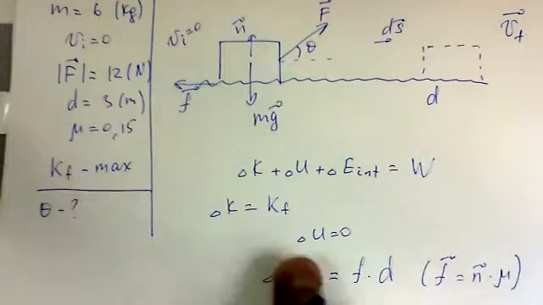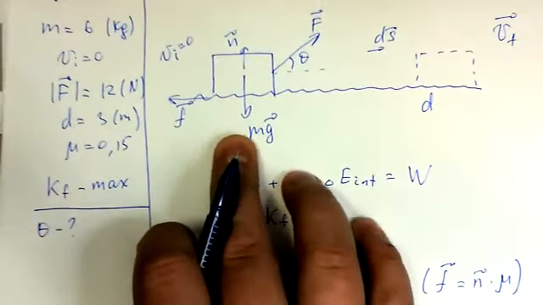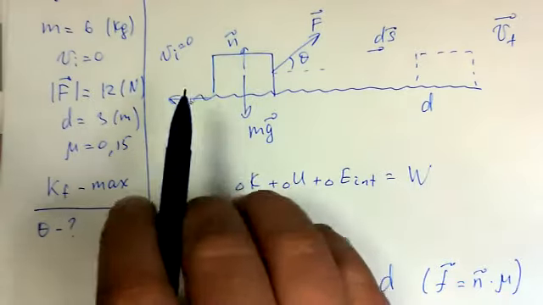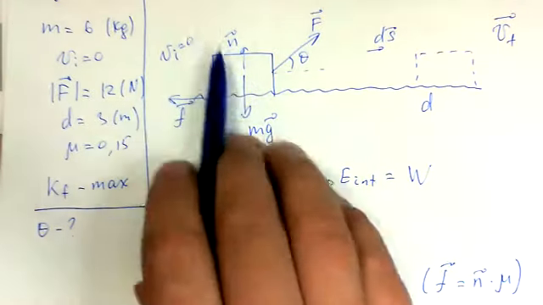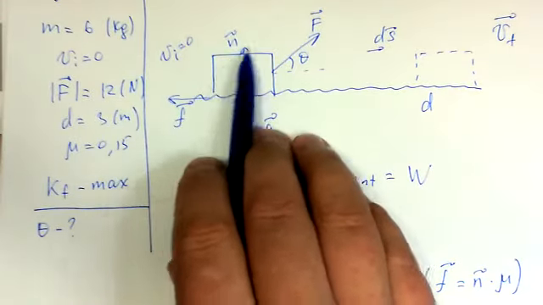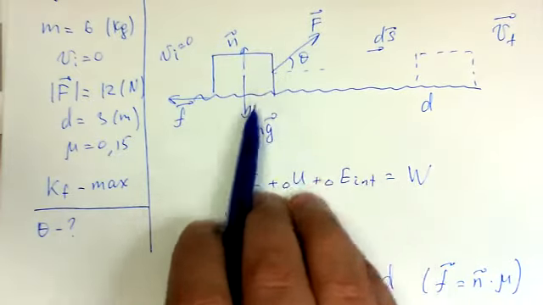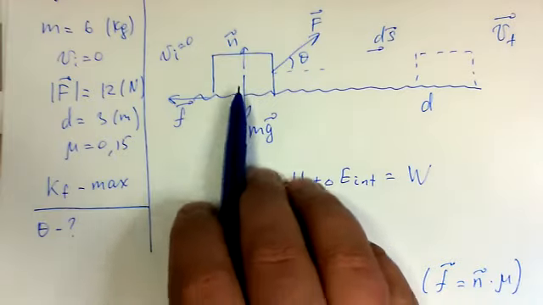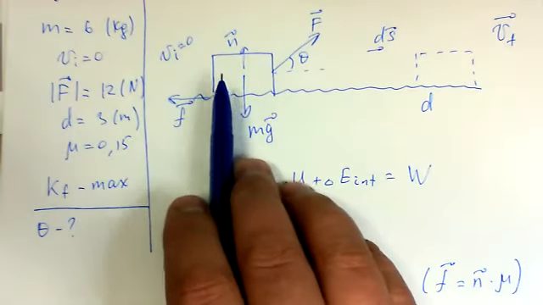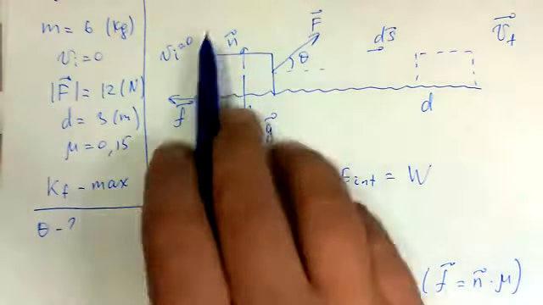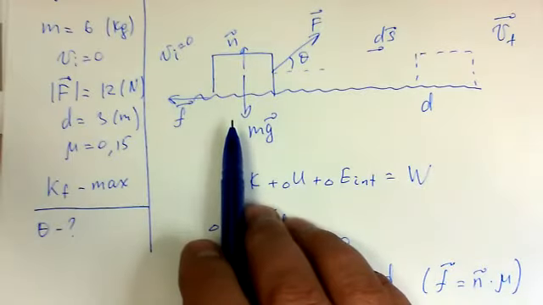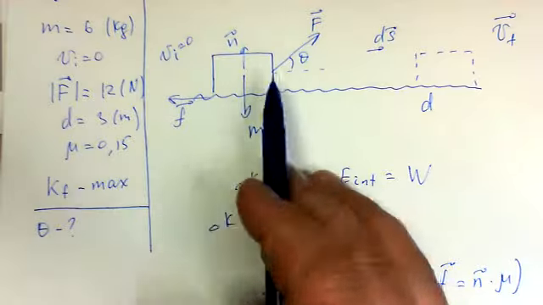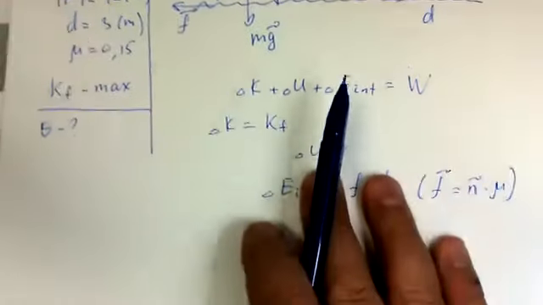Because if you analyze this problem with a free body diagram, you will see that there are now two forces acting up on the object: the normal force and the y component of this force. Also there is the force mg, which is directed down, and their algebraic sum equals 0 because there is no acceleration in the y direction. And according to Newton's second law, if there is no acceleration, then net force equals 0.